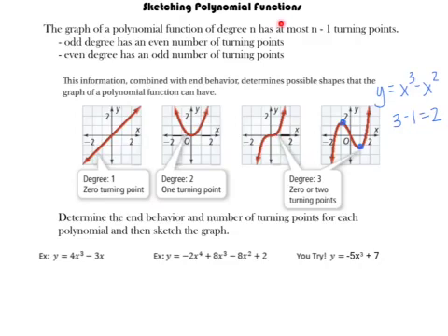For example, in this one right here, the equation for that would be something like y equals x cubed. Well, you would think that since our degree is 3, 3 minus 1 would give us 2 turning points.